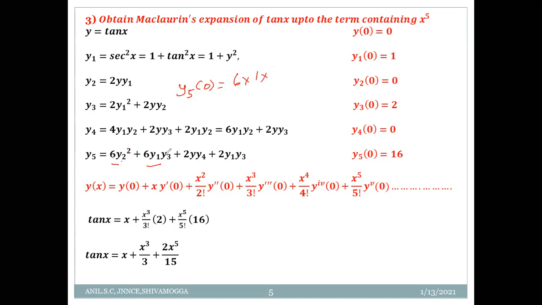What is y3? y3 is 2. Plus 2y y4, but y is equal to 0. 0 into anything is 0 plus 2 into y1. What is y1? 1 into y3. y3 is 2. Therefore, this is equal to 6 into 1 into 2 is 12 plus 2 into 1 into 2 is 4. 12 plus 4 is 16.